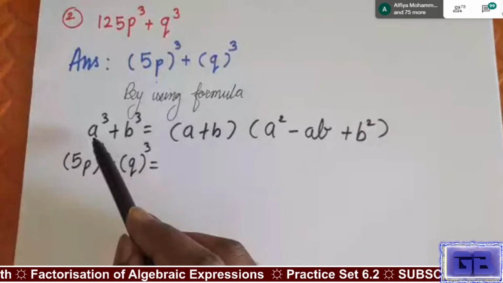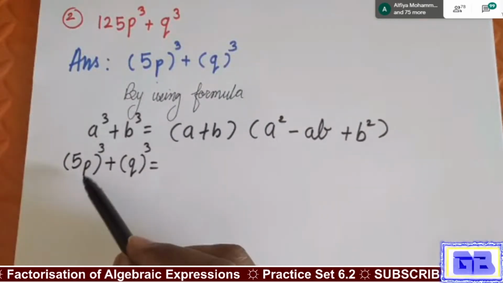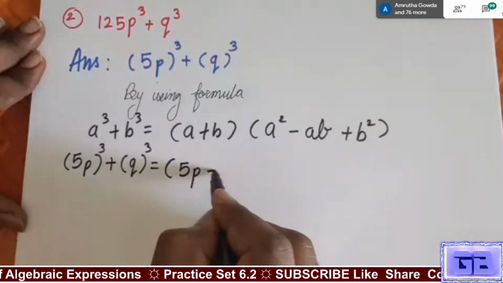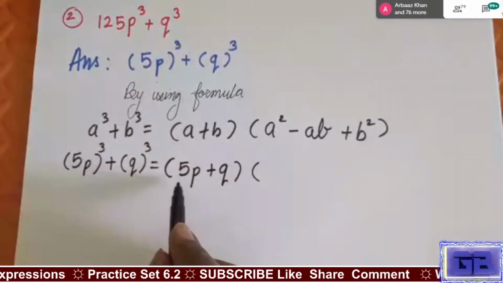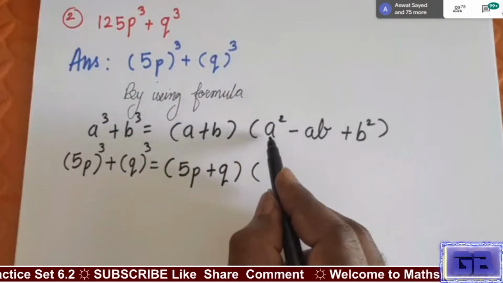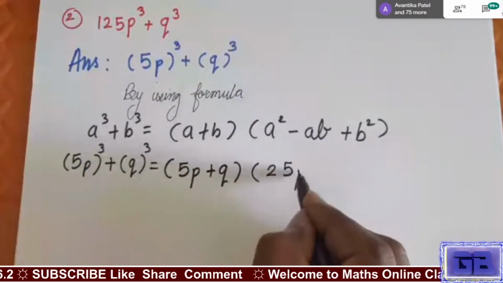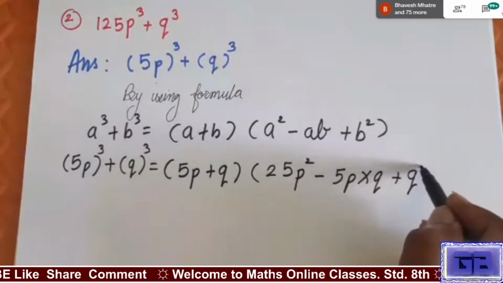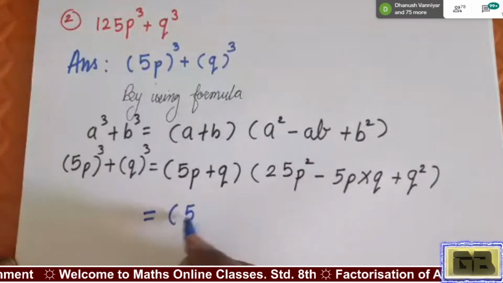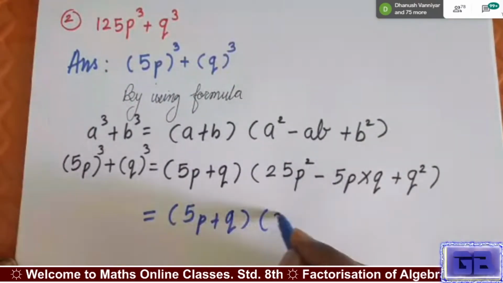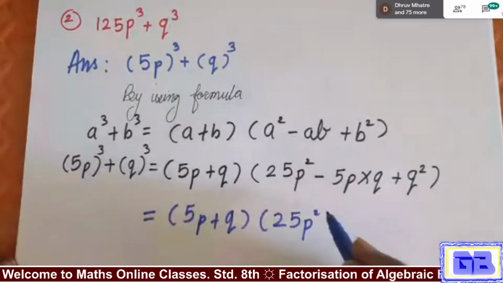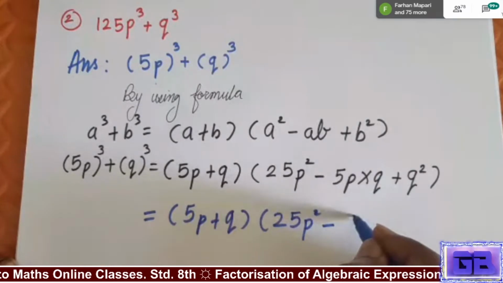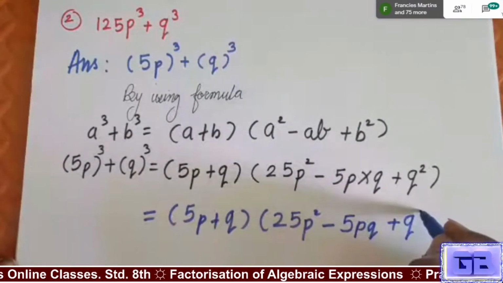Again we have to see a equals 5p, b equals q. So in the first bracket 5p plus q, a square means 5p square. I will write directly: 25p square minus 5p into q plus q square. So the answer is 5p plus q, in the second bracket 25p square minus 5pq plus q square.